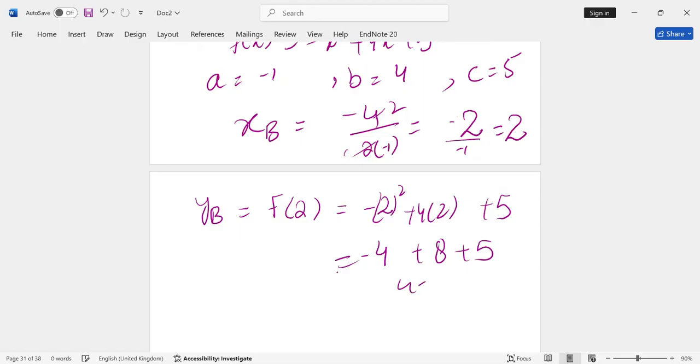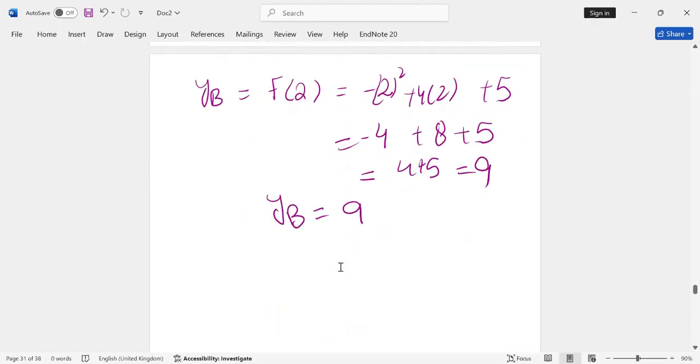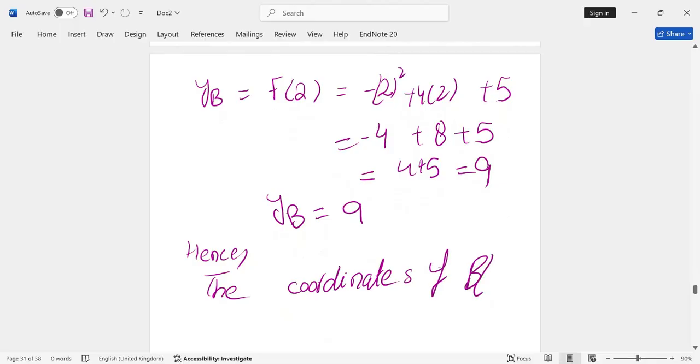So 8 minus 4 plus 5, we have the value y_B equals to 9. So the coordinates of B are 2 and 9. Okay, this is the required answer for this question.